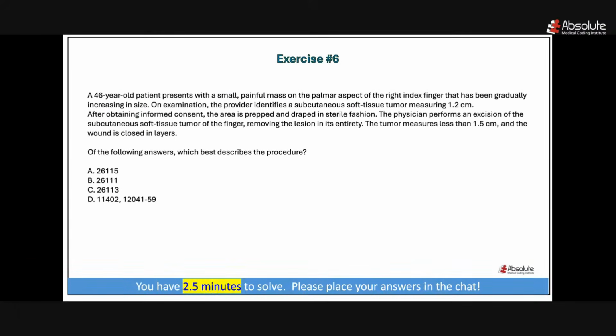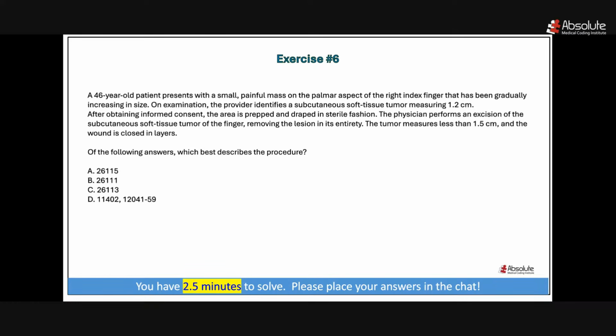All right. Of the following answers, which best describes the procedure? Option A: 26115. Option B: 26111. Option C: 26113. Option D: 11402, 12041 with a 59 modifier. A 46-year-old patient presents with a small, painful mass on the palmar aspect of the right index finger that has been gradually increasing in size.